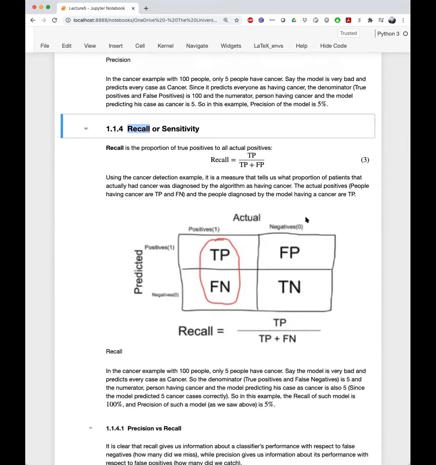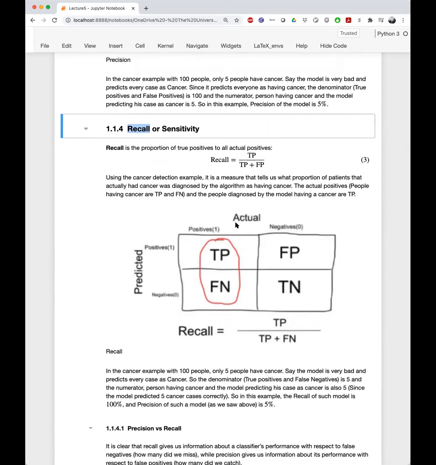The definition of recall is the proportion of the true positives to all actual positives. Actual positive means the first column. So that's the true positive divided by the sum of the first column.